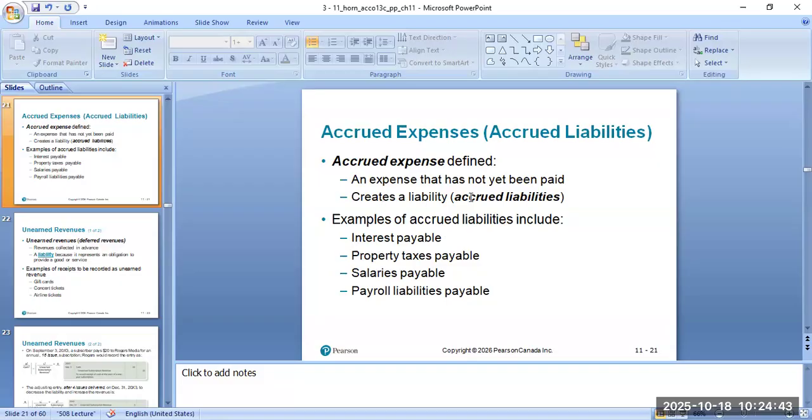Those are treated as a current liability or accrued liability. In this case, on the note payable that we did previously, that will be the interest payable. For the period that we used the note payable, when we have the reporting date, we have to accrue that interest payable.